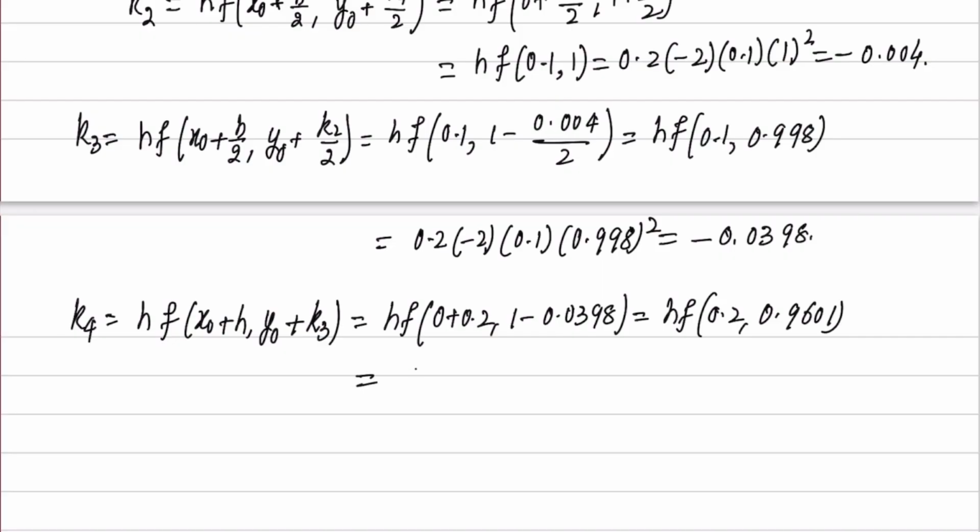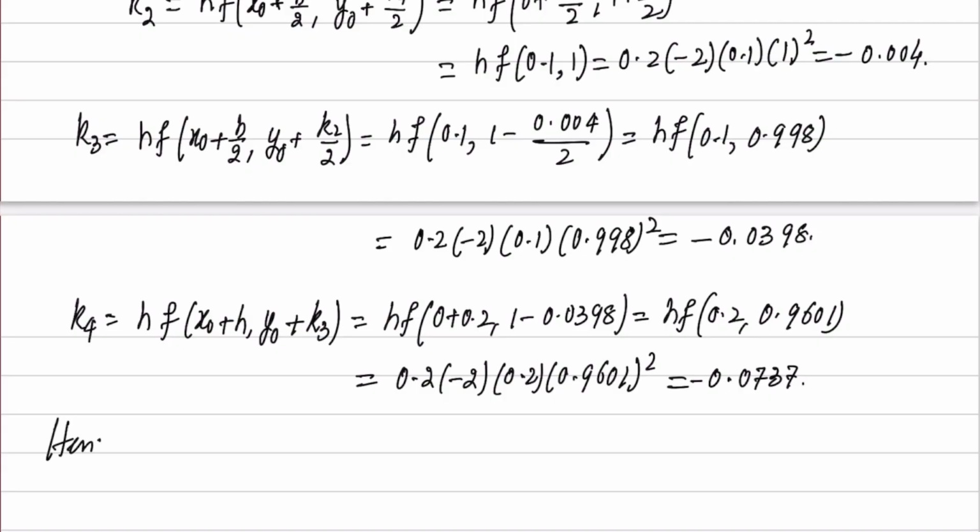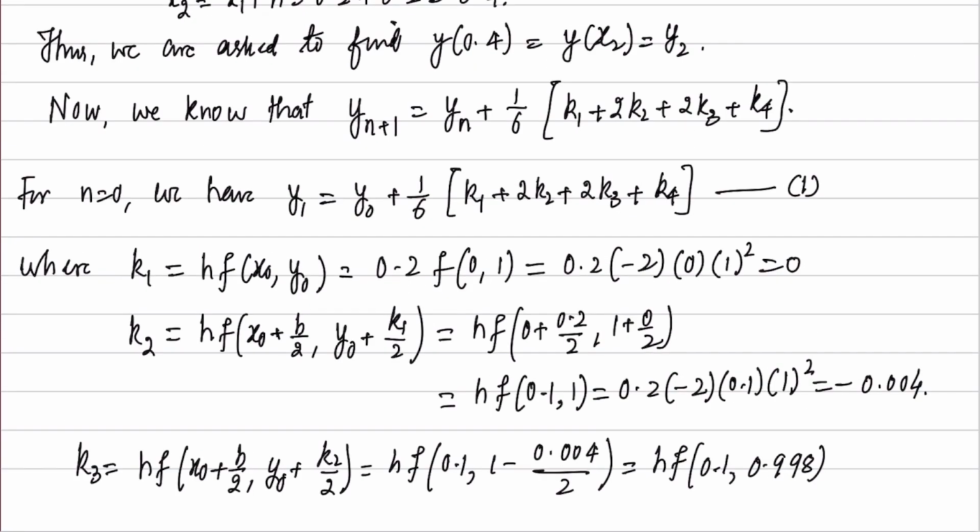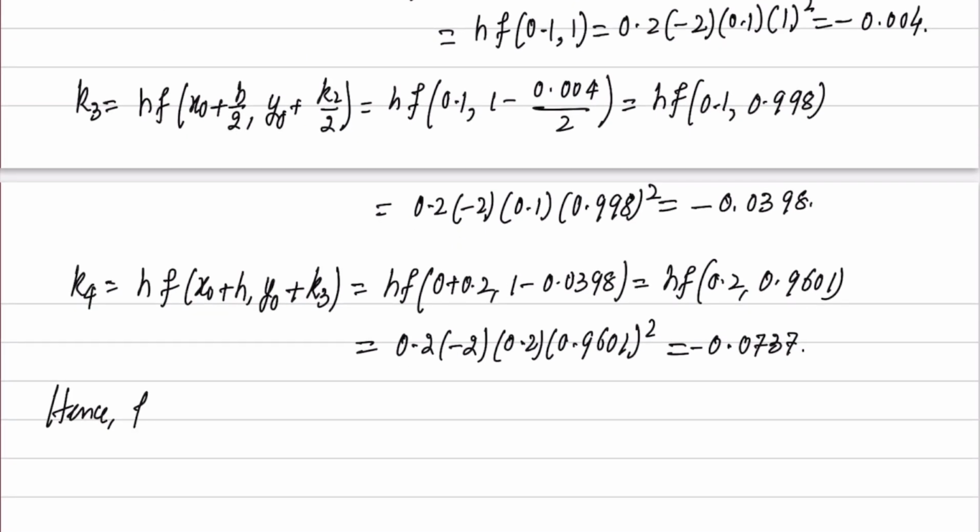Now using the function f of xy, this becomes 0.2 into minus 2, 0.2 again x, then 0.9601 whole square. Now multiplying these numbers, this becomes 0.0737, in fact negative. So therefore we have computed the values of all ki's. Let's call that equation number 1.